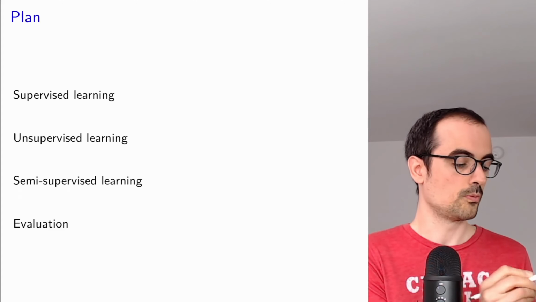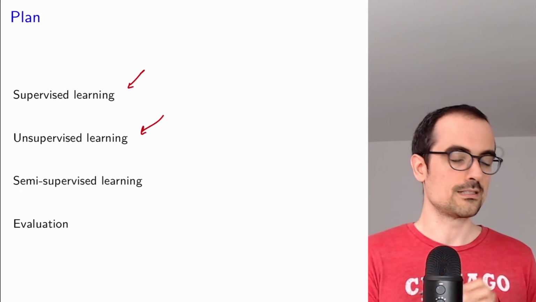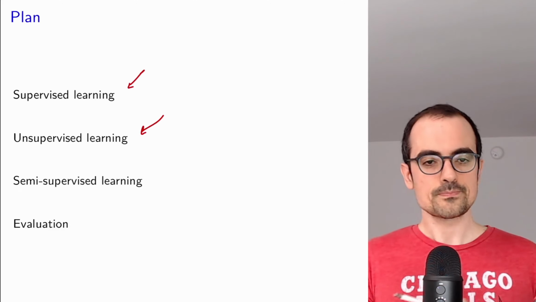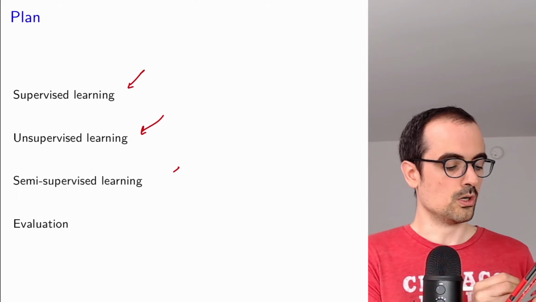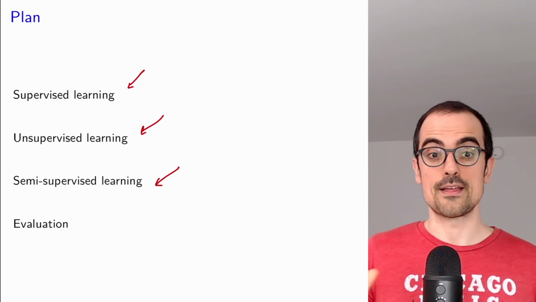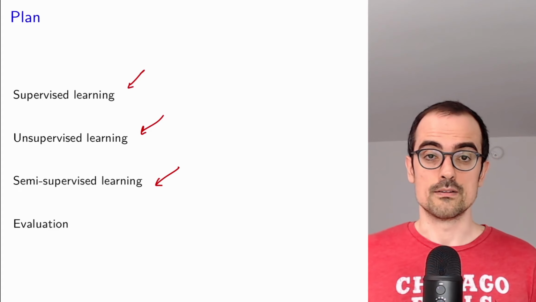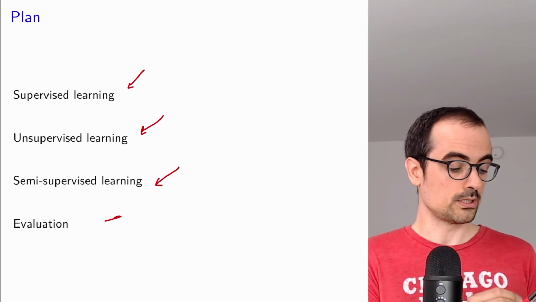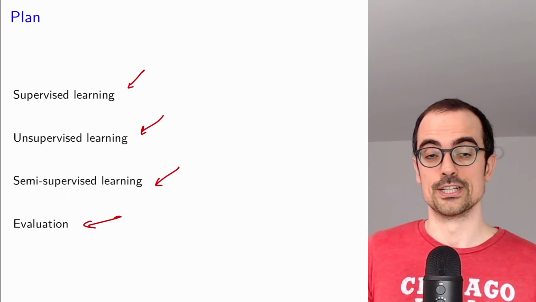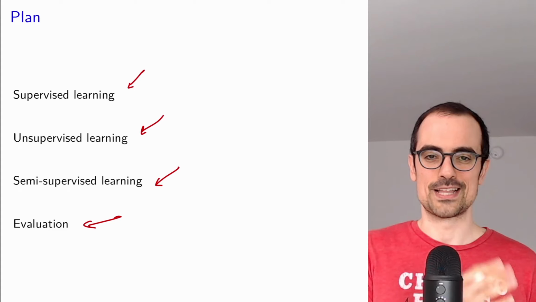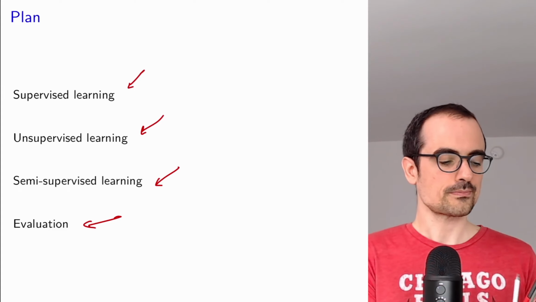So both supervised learning and unsupervised learning. As I will explain afterwards, we also combine the two paradigms in a semi-supervised framework, and we also had to care about evaluation, which can be very challenging in the real world. Okay, so that's the plan for the rest of the video.